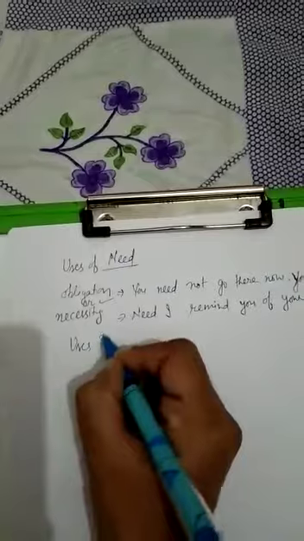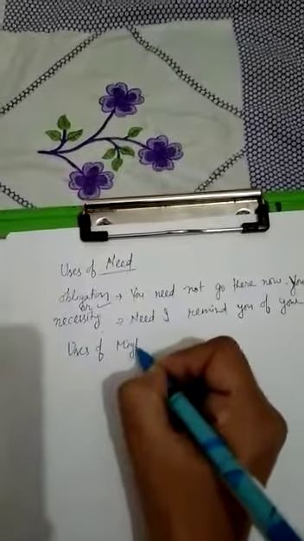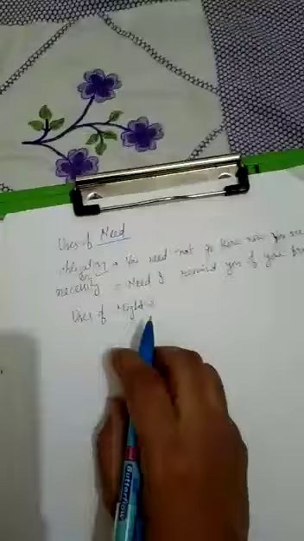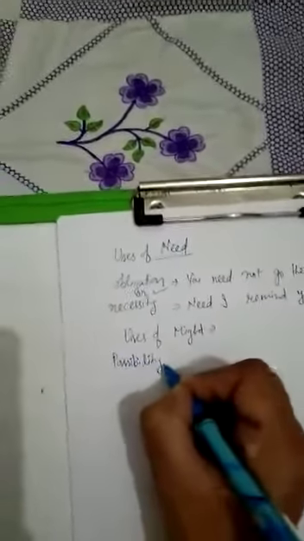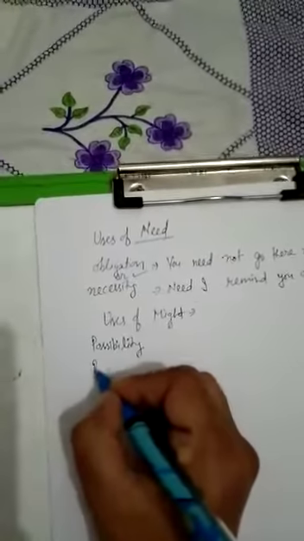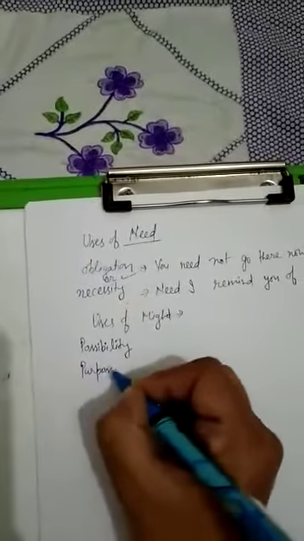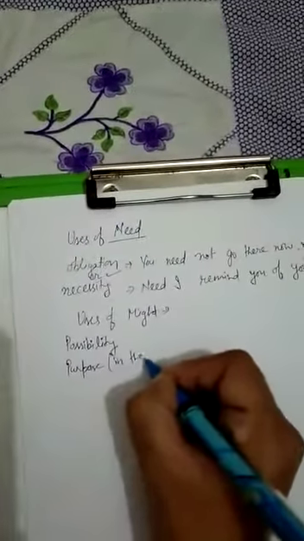Next modal is uses of might, where we can use might. Might is the past of may. It is used to show possibility and purpose, but purpose should be in the past.